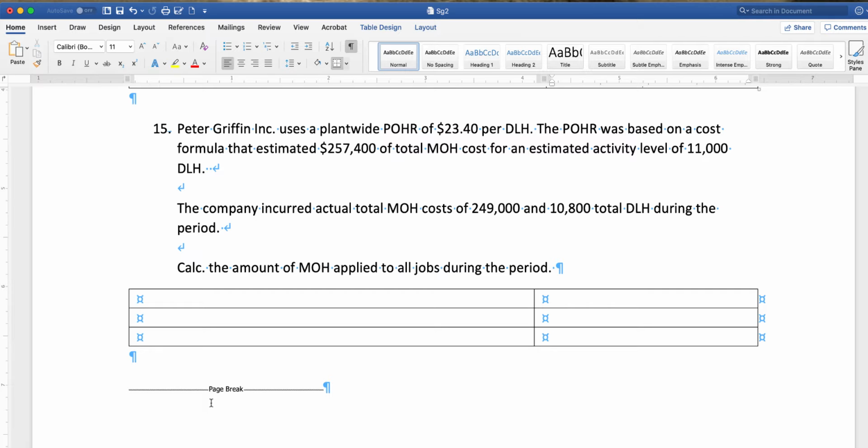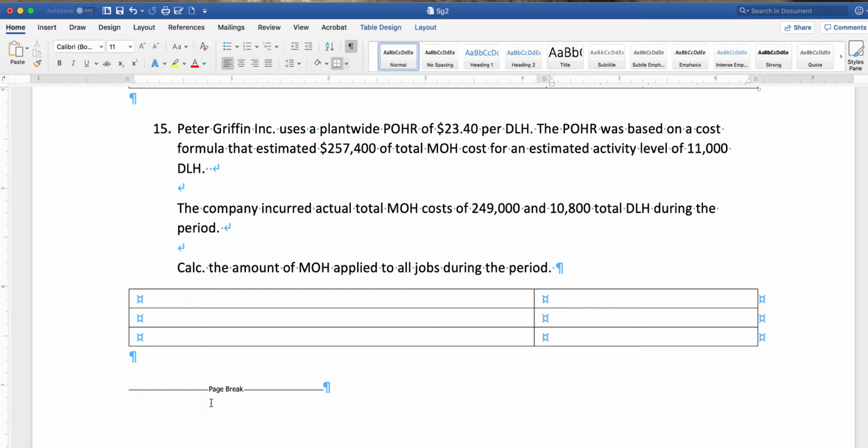We now need to apply. We got to calculate the amount of manufacturing overhead applied to the job during the period. Out of all this information, the $23.40 is the predetermined overhead rate.